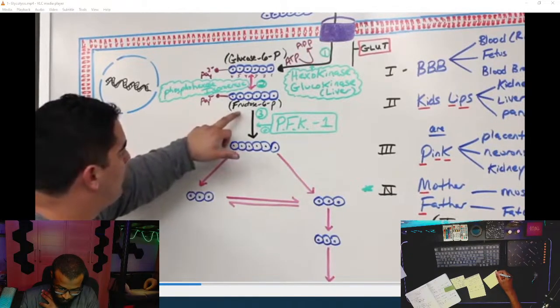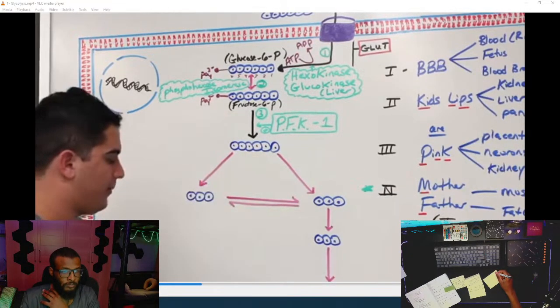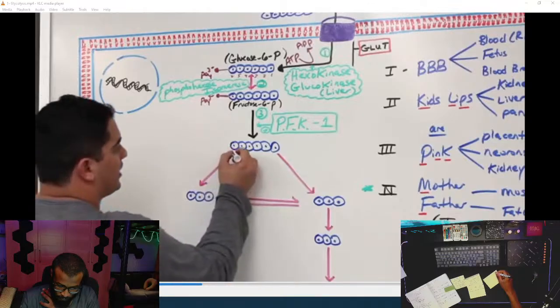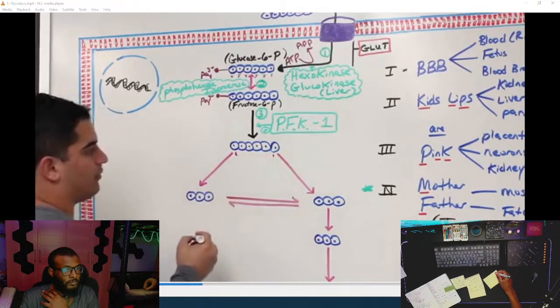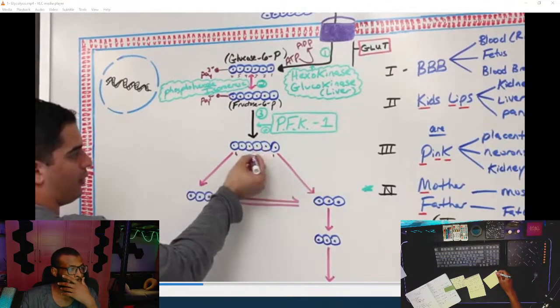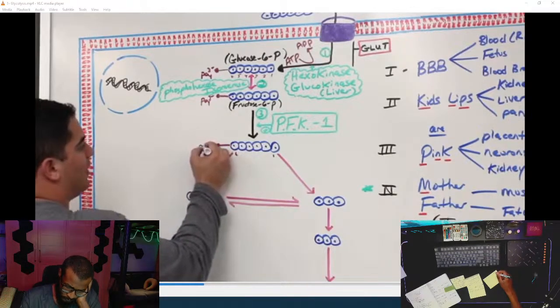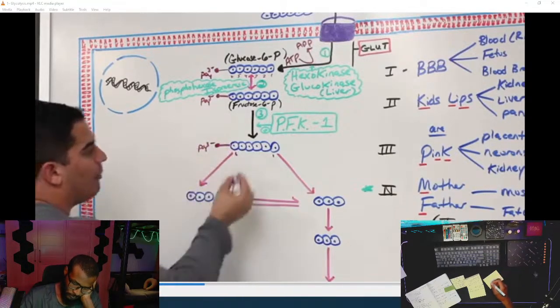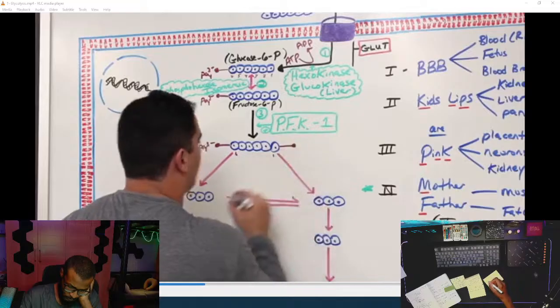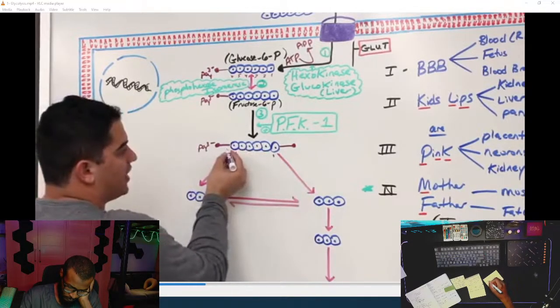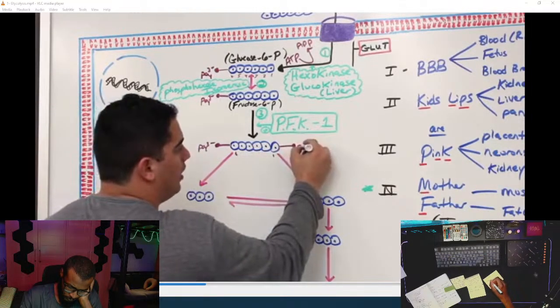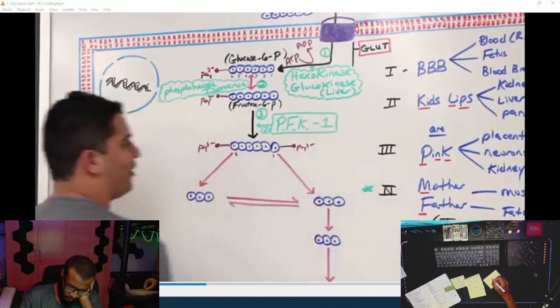What it's doing is, if you notice, I'm gonna show you something here. This was the 6 carbon, this was the 1 carbon, right? I need you guys to do the math. 2, 3, 4, 5. On the 6 carbon, we still have that phosphate. Nothing has changed there. And now it's going to be on the 1 carbon. So now we have a phosphate on the 6 carbon, and we have a phosphate on the 1 carbon.